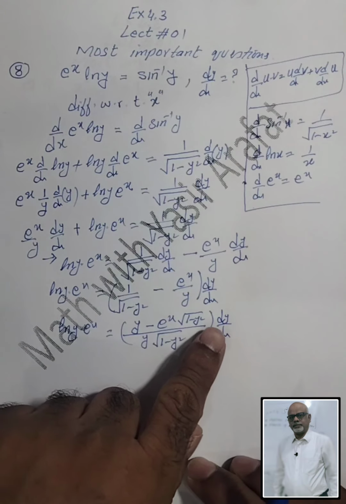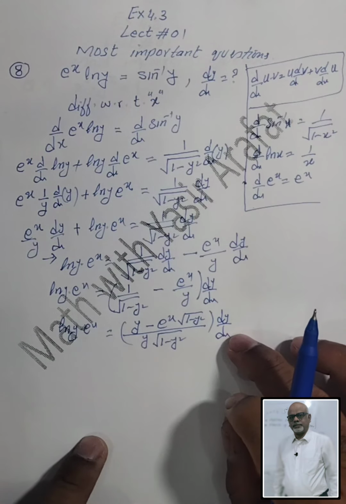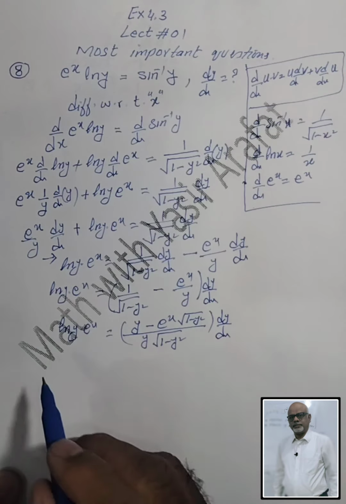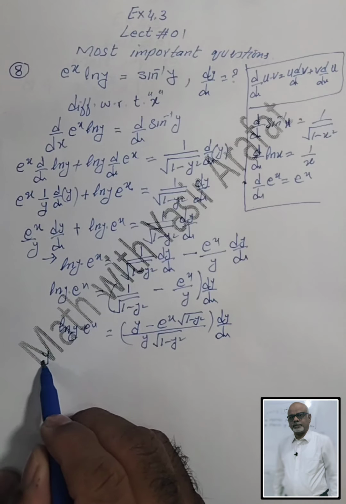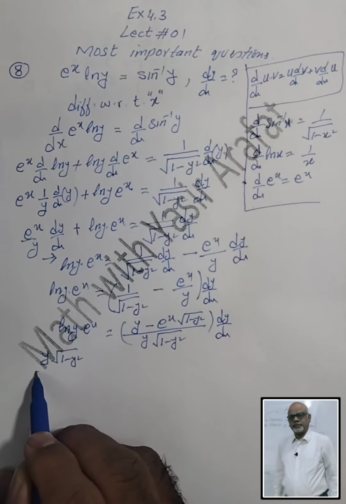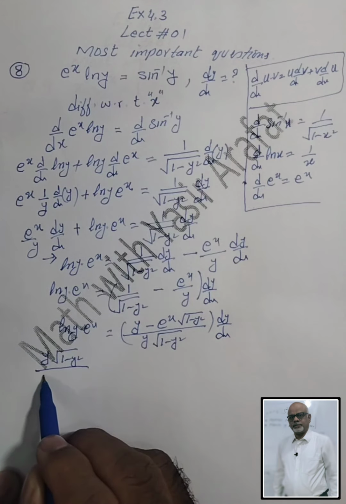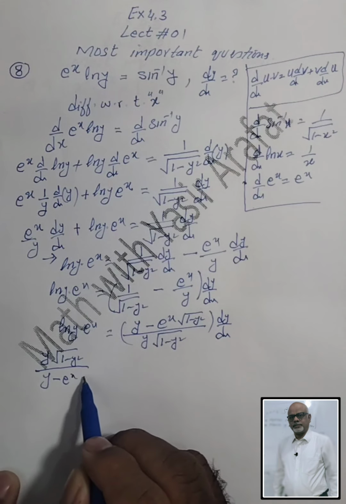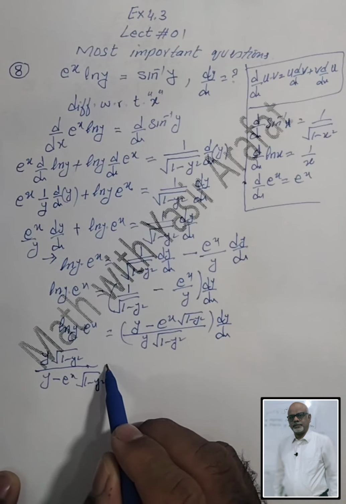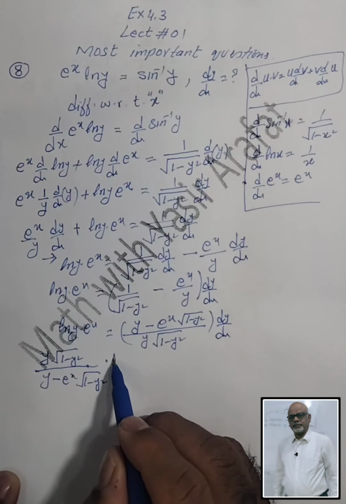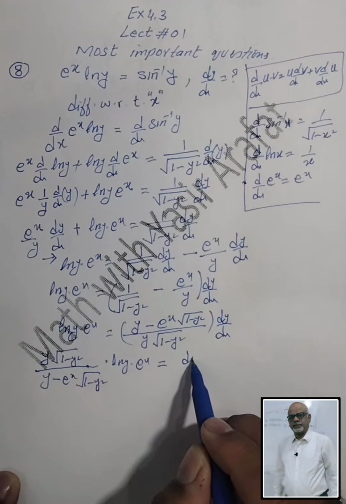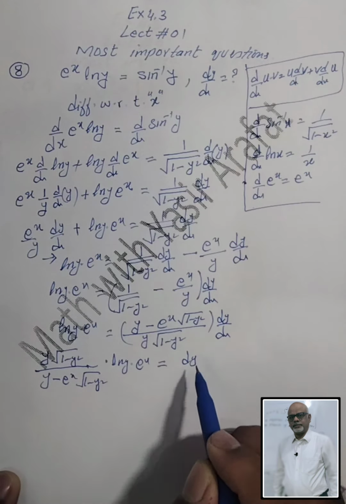We have to find out the value of dy upon dx here. So then we have to shift this one to the left hand side. That will be y into root of 1 minus y square over y minus e to the power x into root of 1 minus y square, and this is ln y into e to the power x, which remains the same, equal to dy over dx.